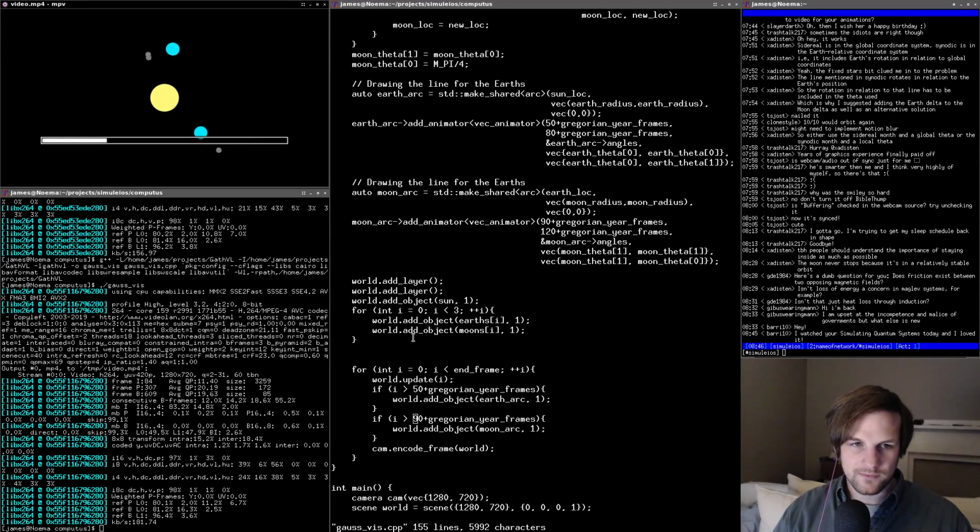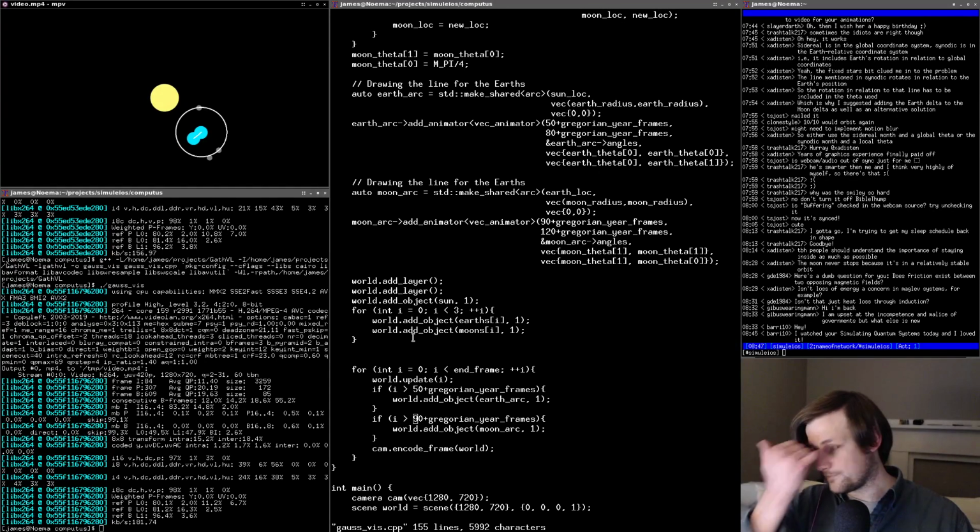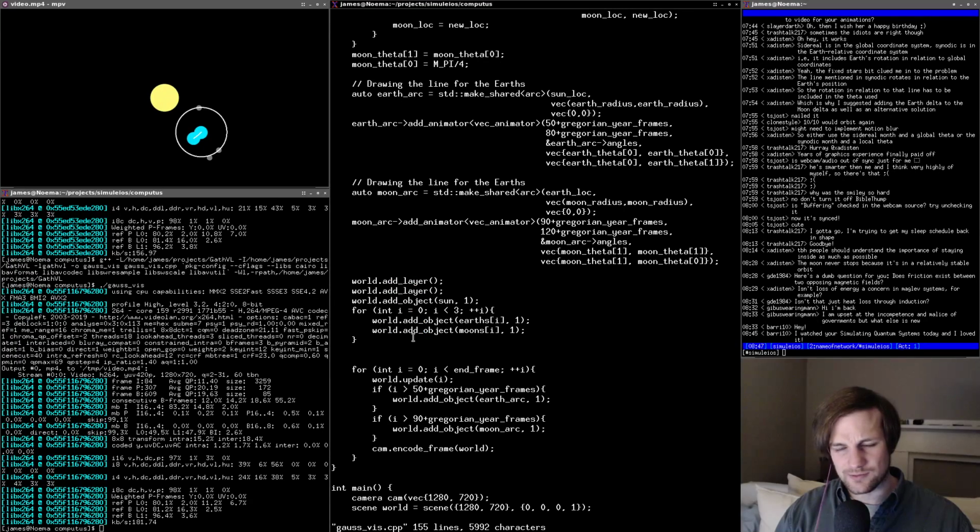So here we have the Earth going around. It stops right here. We draw one arc, and then a circle just appears, because a circle just feels like appearing. But this should be drawn between 90 plus Gregorian year frames to 100.